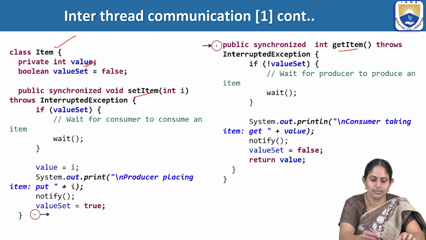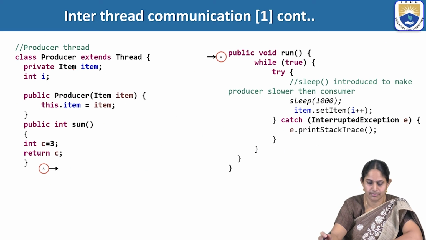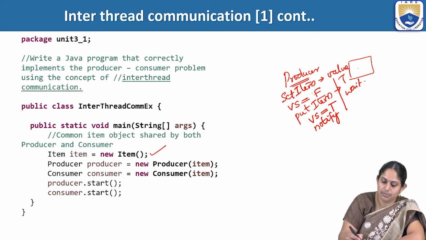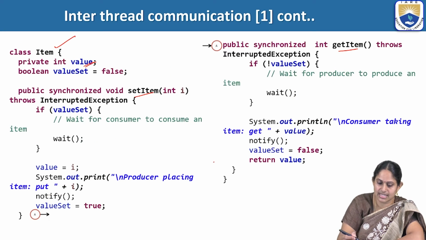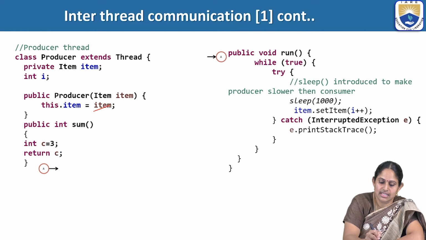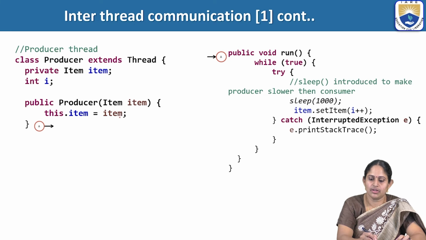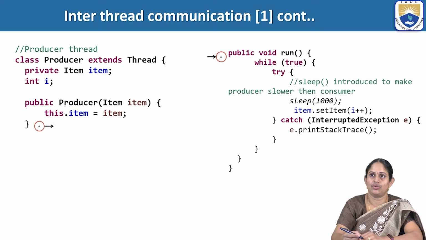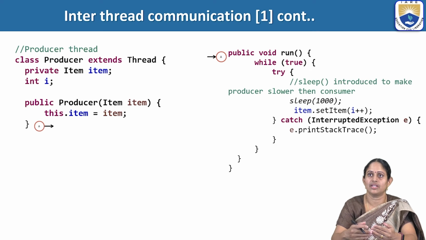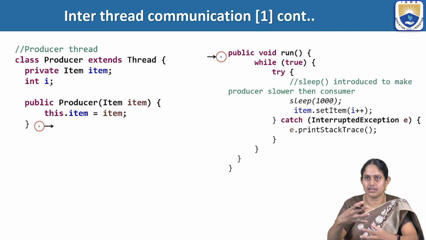So here the producer is producing an item. Once the producer starts executing, it has to set the value.